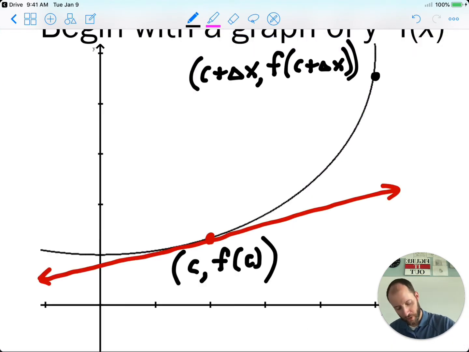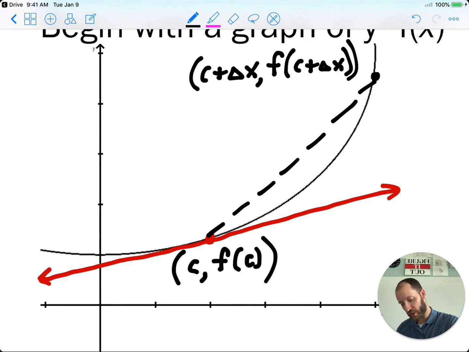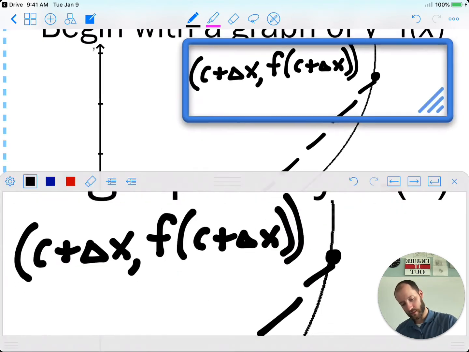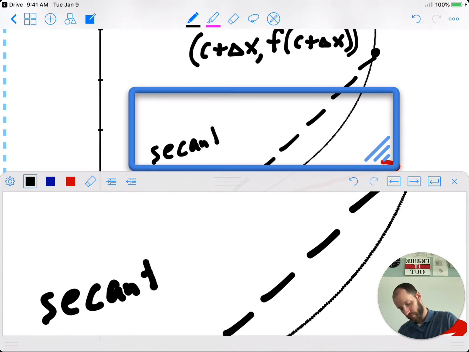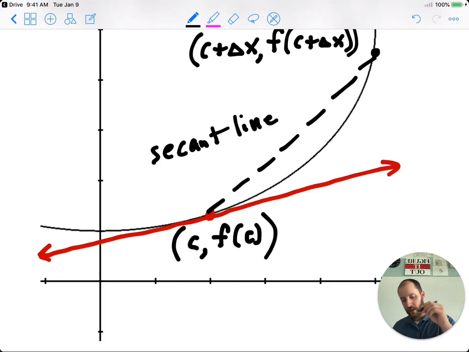So, from the red point of tangency up to the other point, we have what's called a secant line. So a line that will describe the average rate of change, but not the true rate of change at an instant.